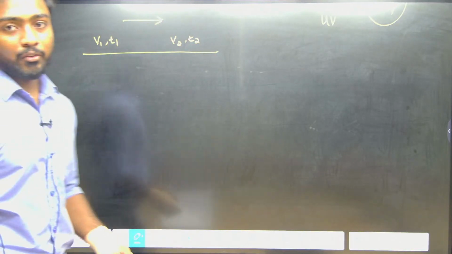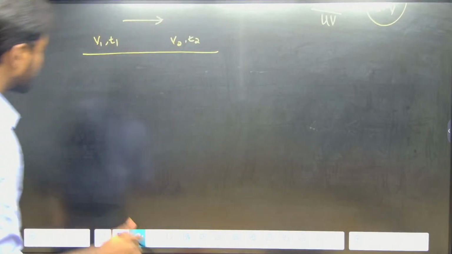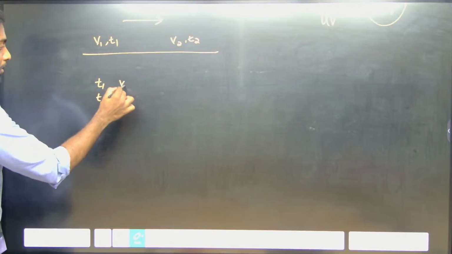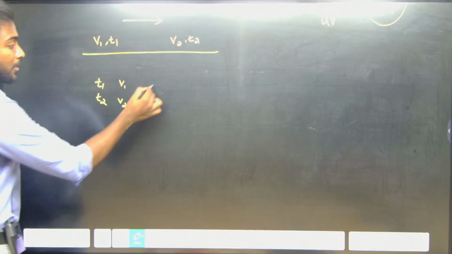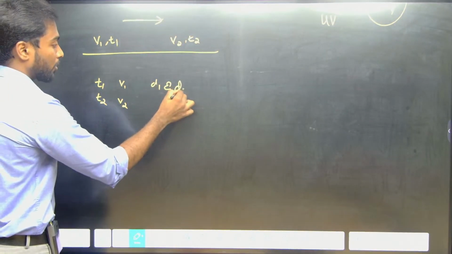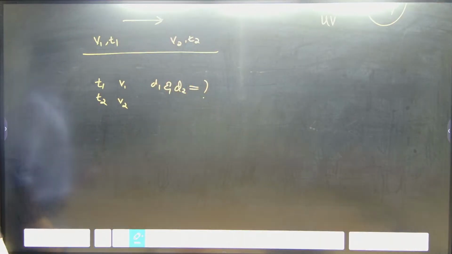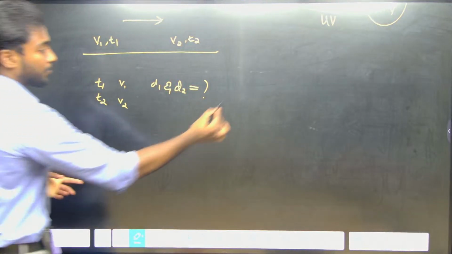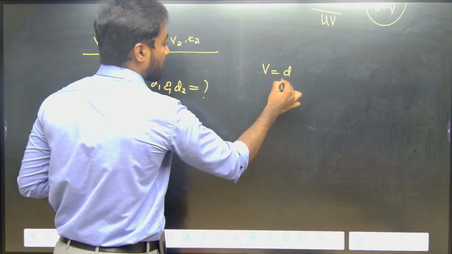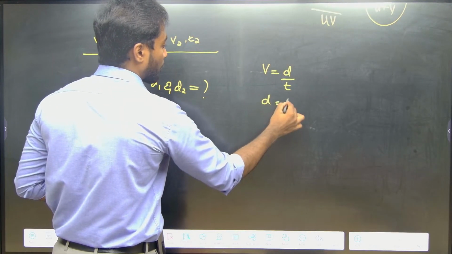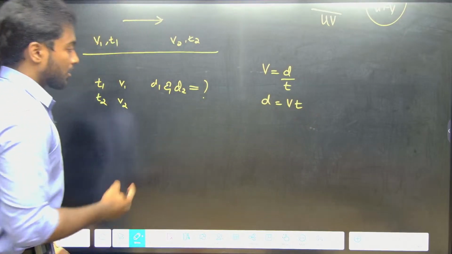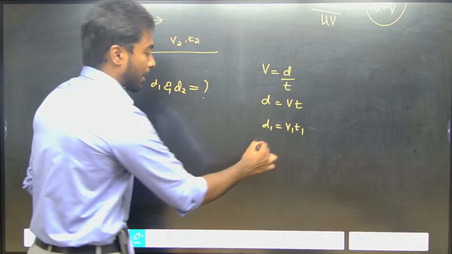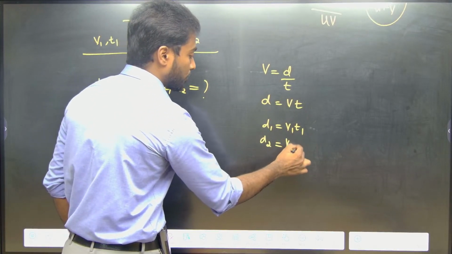Find the average velocity of the body. t1 they have given, t2 they have given, v1 they have given, v2 they have given, d1 and d2 they have not given, which means I can consider this formula, right, v is equals to d by t, where d is equals to v into t. So can I say d1 is equals to v1 t1 and d2 is equals to v2 t2?